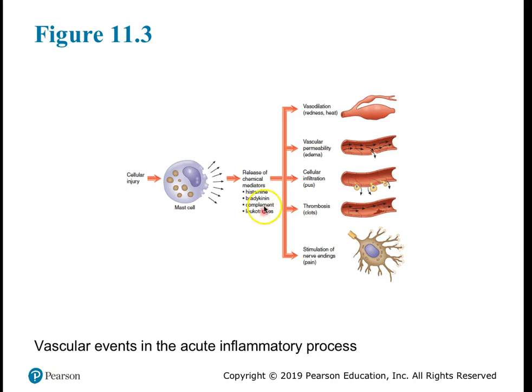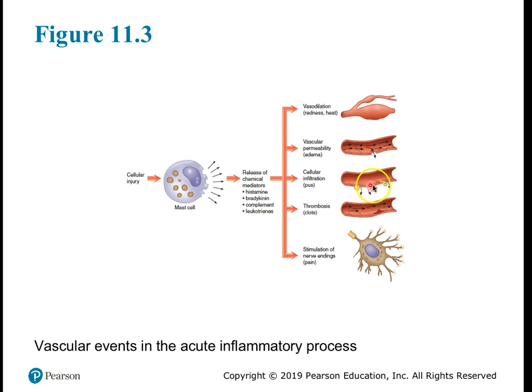The other thing, and again the major thing I'm going to talk about, is histamine. Histamine can bind to the endothelial cells of the capillary bed, as well as to the arterioles that are feeding the capillary beds, and that can cause vasodilation. Binding to endothelial cells is going to cause increased capillary permeability.